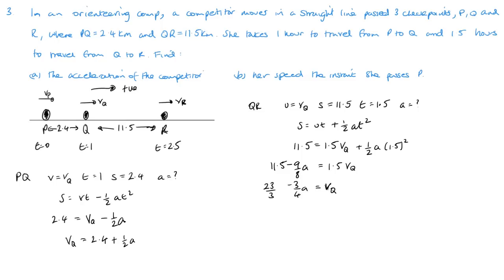So equating these, we get 2.4 plus a half A equals 23 over 3 minus 3/4 A.